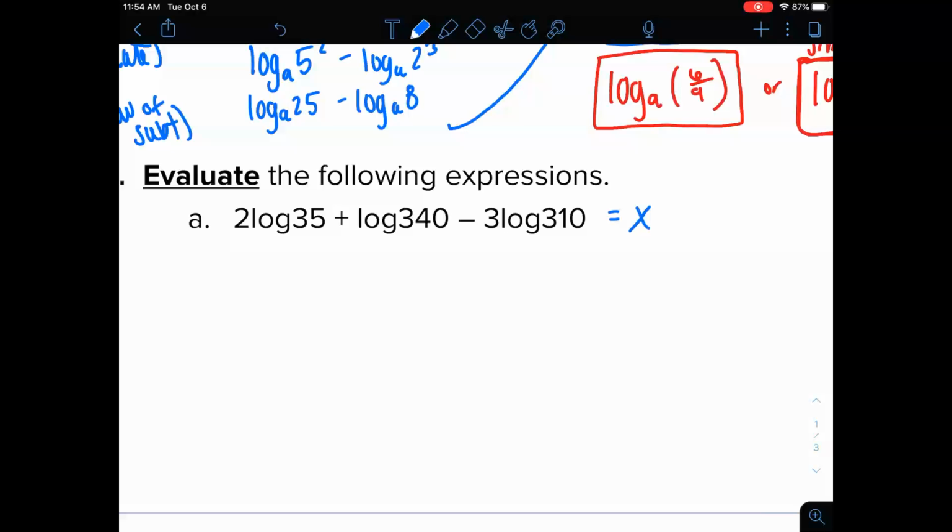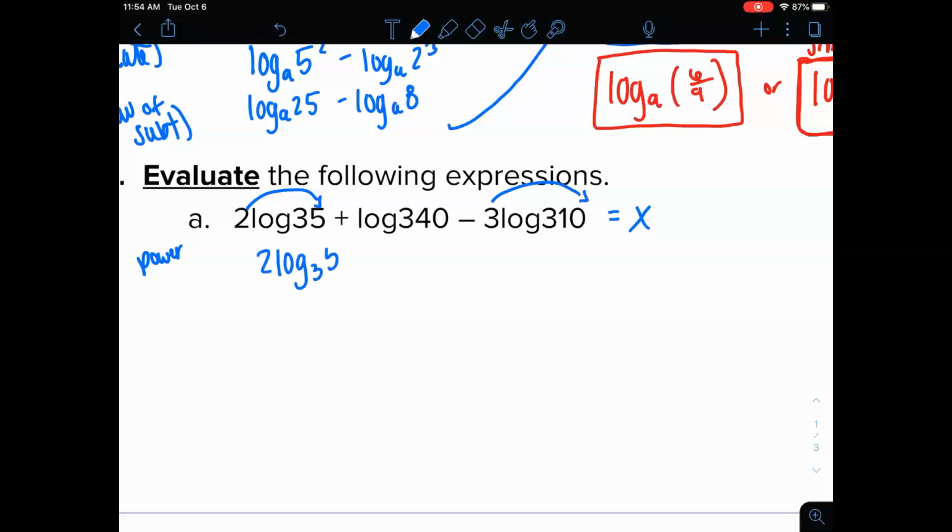So before we can even address any of the other steps, we first have to get this condensed into a single logarithmic expression. If we notice here, I've got addition and subtraction and powers. So I'm going to address the law of powers first. And again, apologies. Let me rewrite this here before I simplify.